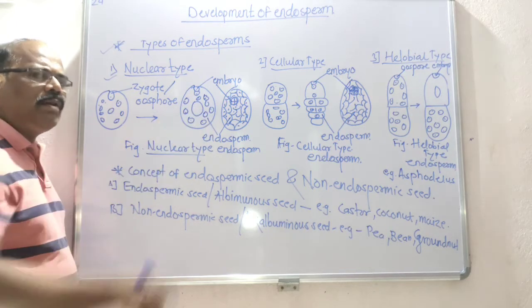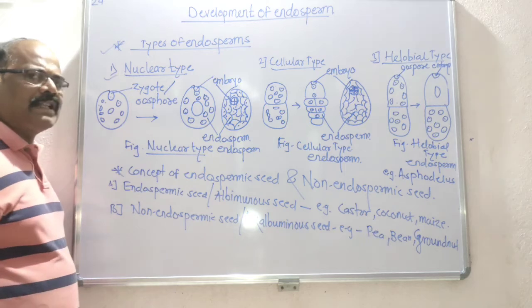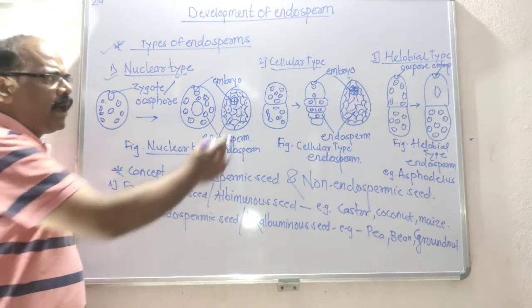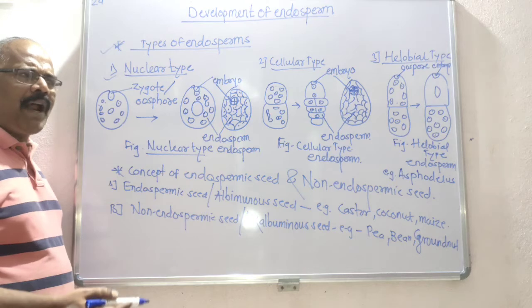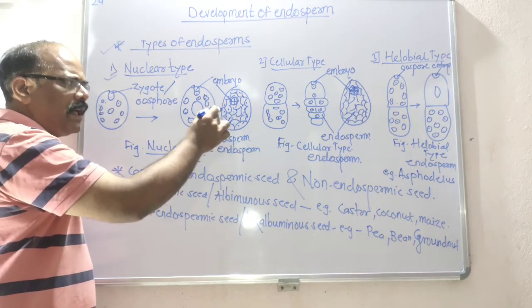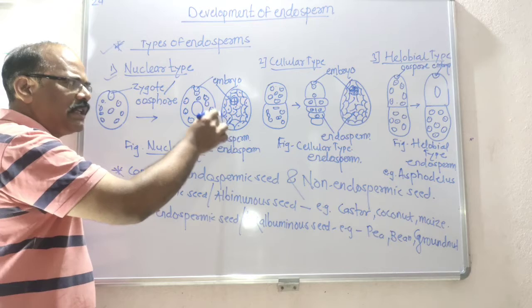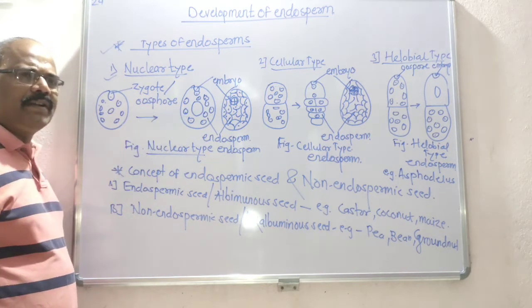Later on, cell wall formation takes place around each nucleus, and multicellular endosperm is formed. In some plants, the cell wall formation process remains incomplete.